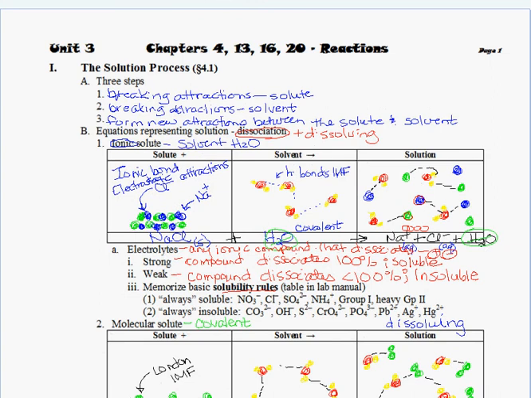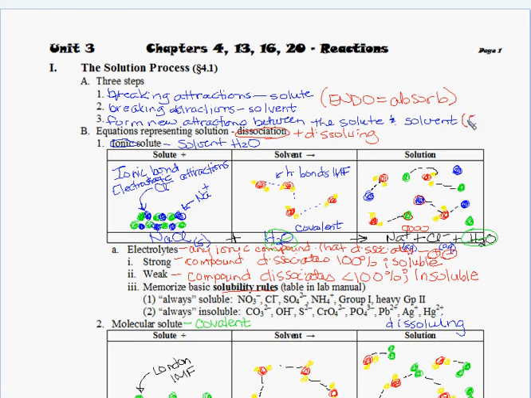Let me just go up and make one adjustment here. Breaking any sort of bond and or attraction is always an endothermic process. You need to be absorbing energy. As long as energy is absorbed, then you can actually separate two particles from each other.